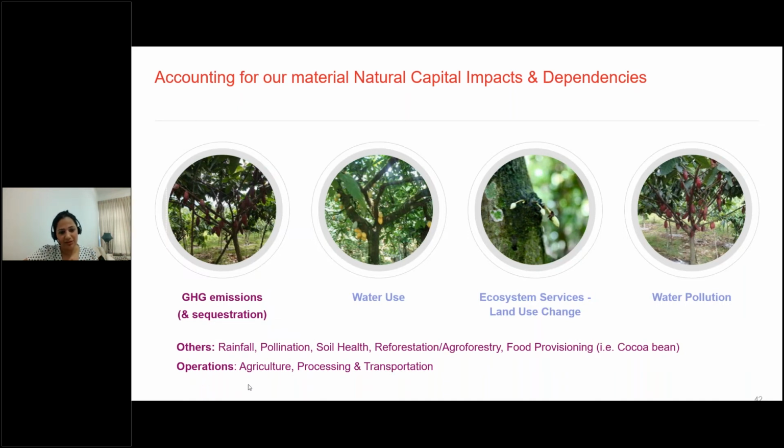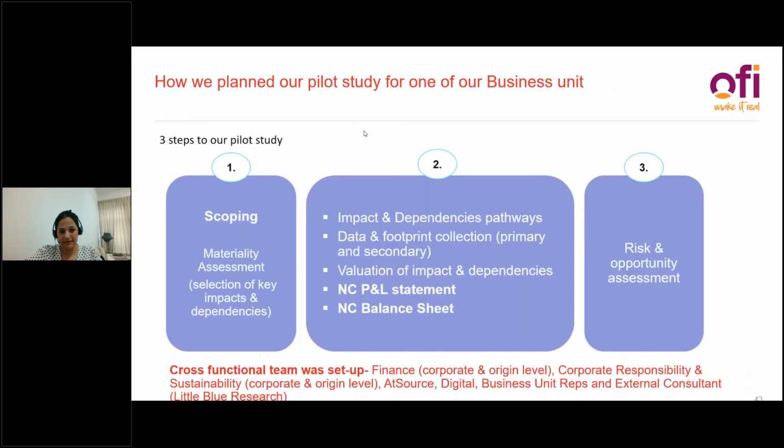There's something I mentioned here on the operations also, because this is for a specific BU that we started with. The operations in Olam Food Ingredients start with agriculture, where we work with third-party farmers or our own farms, then go to processing and transportation. Across these there are some natural capital impacts, but we are just looking at some of our material impacts.